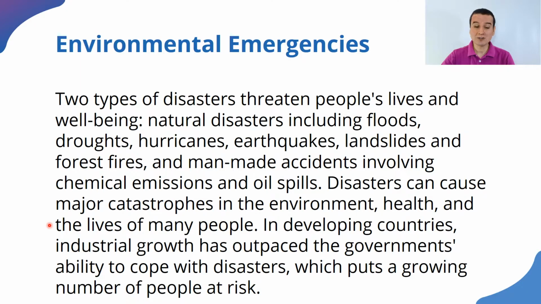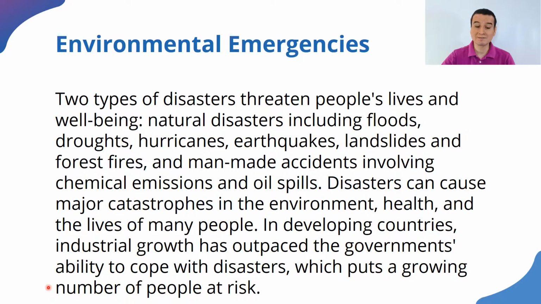In developing countries, industrial growth has outpaced the government's ability to cope with disasters, means to control them, to handle them. So when they grow in their industrial sector, sometimes some disasters are harder to control because they don't have the ability to take care of them, which puts a growing number of people at risk.